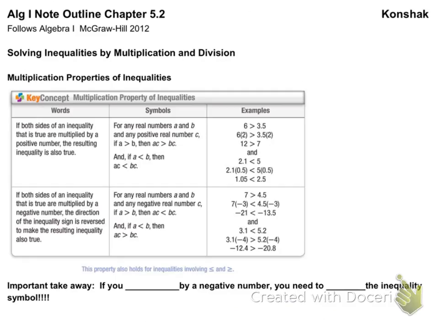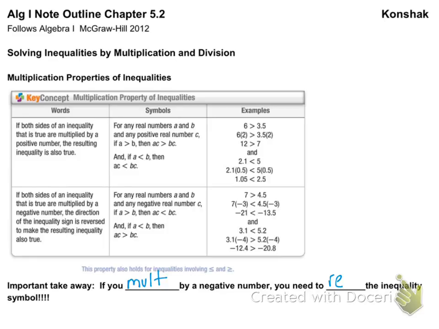So back to this. I have to say an important takeaway down on the bottom there. If you blank by a negative number, you need to blank the inequality symbol. What do we fill that in? First one? If you multiply by a negative number, Max?